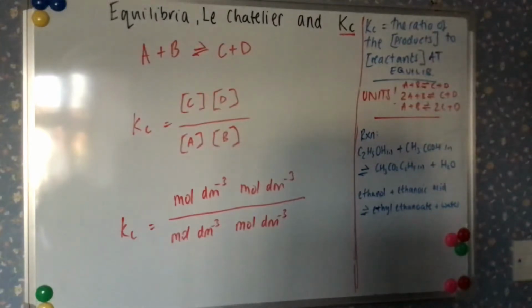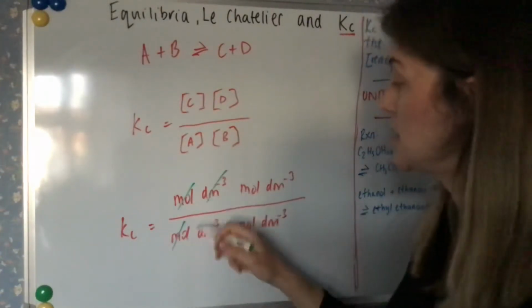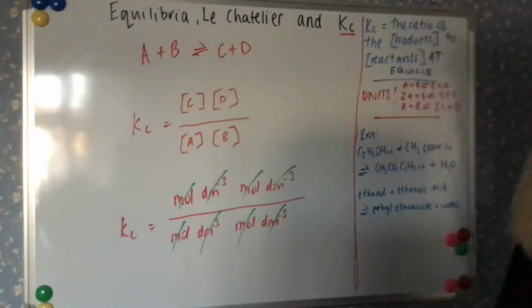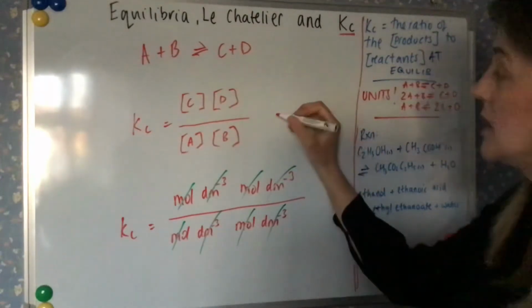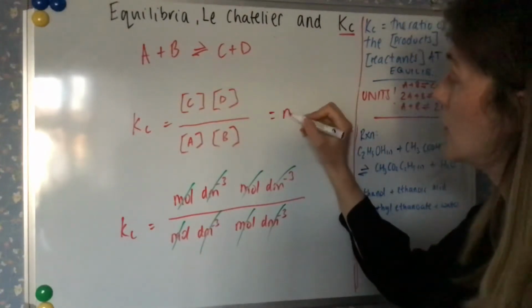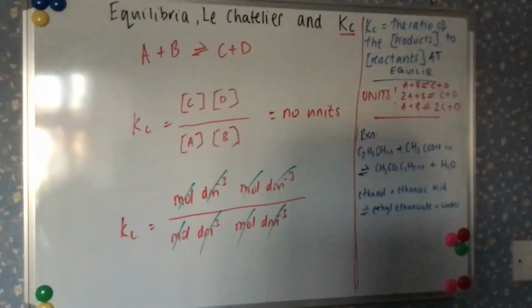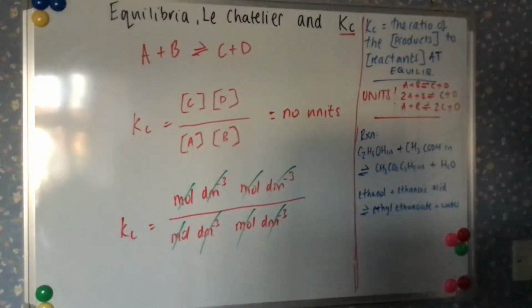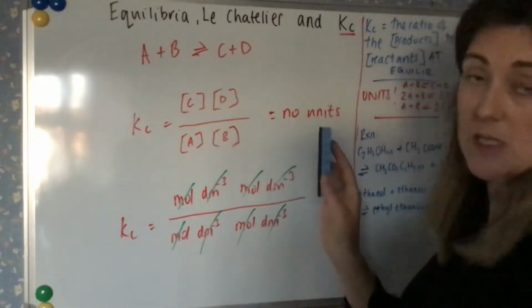Then you just cancel everything down and see what you're left with. In this case, everything cancels, and Kc has no units. Okay? So that's the first example I have for you. So no units at all. It would simply just be a number.